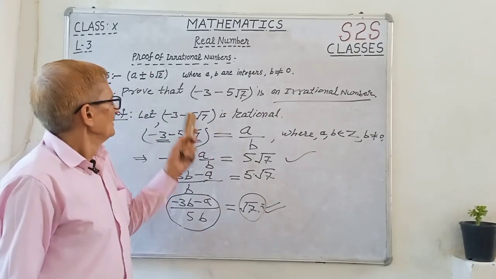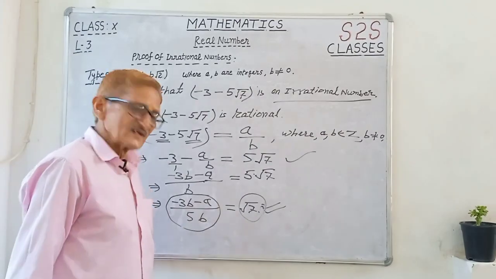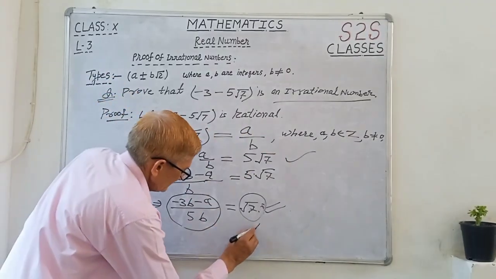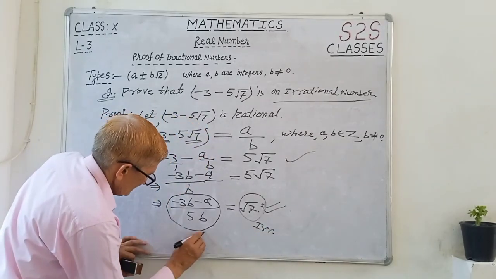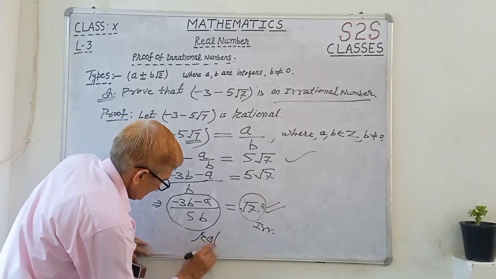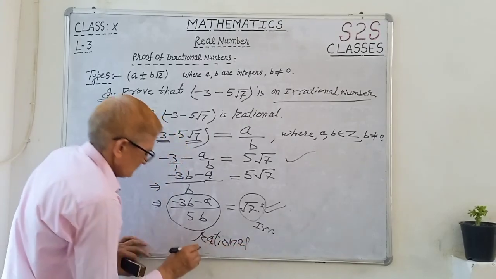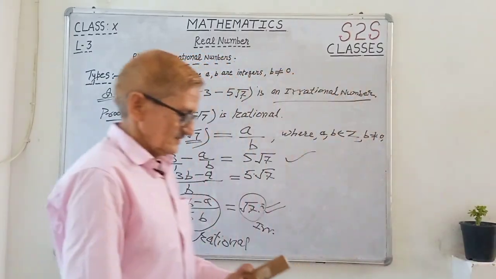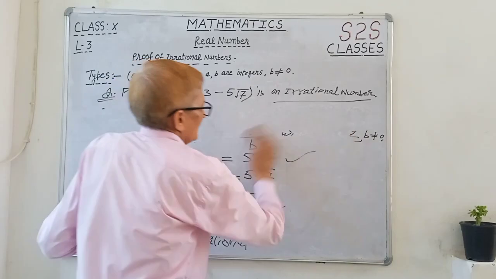Therefore minus 3 minus 5 root 7 is an irrational number. This is the irrational part and this is rational. So this is the contradiction. You can write it. Similarly, the same you can write. Hence proved.